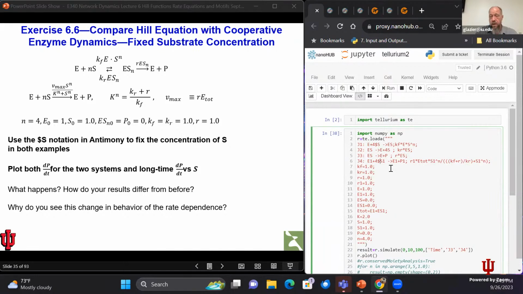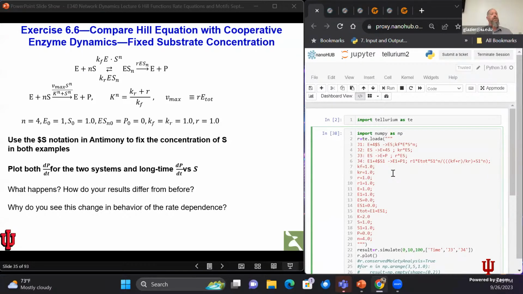What happens when you do that? Somebody? Did anybody get that to work? Did things look more similar, more different?